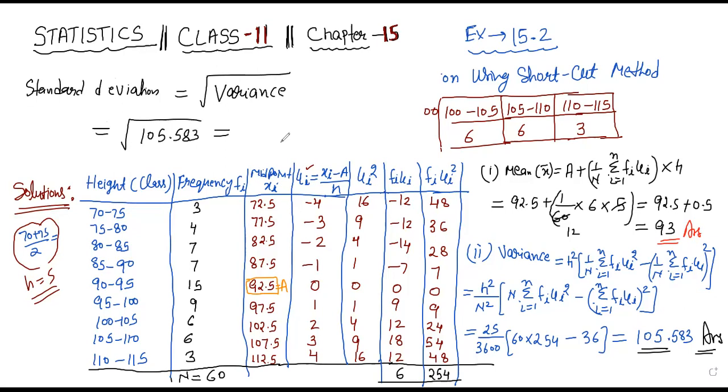You can put the approximate value; it is not necessary to write the accurate value. Since 10 square is 100, it will be approximately 10.275. So this is the answer. Okay, students, I have covered all the parts, and I hope you enjoyed the lecture and got each and every point. See you with a new video. Thank you so much.